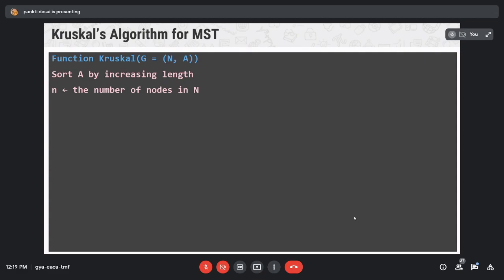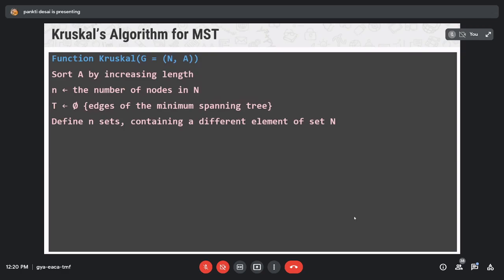And small n is equal to number of nodes in N. If your graph contains 10 nodes, then value of small n is equal to 10, right? T is equal to the edges of the minimum spanning tree, right? So the total number of edges that we select for creating a spanning tree will be the value of T, right? Initially it is null.